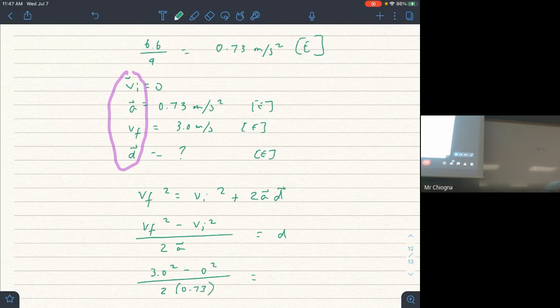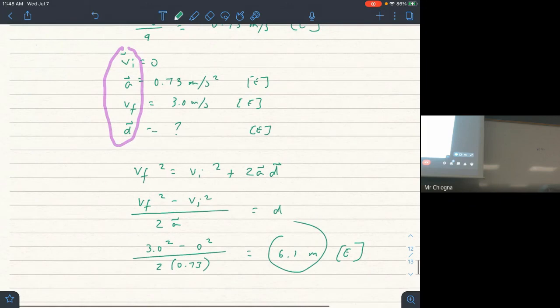And your D works out to be 6.1 meters. Same direction as the others, east. Everything else is east, so displacement is east. If the question is how far, you just have to give an absolute value.